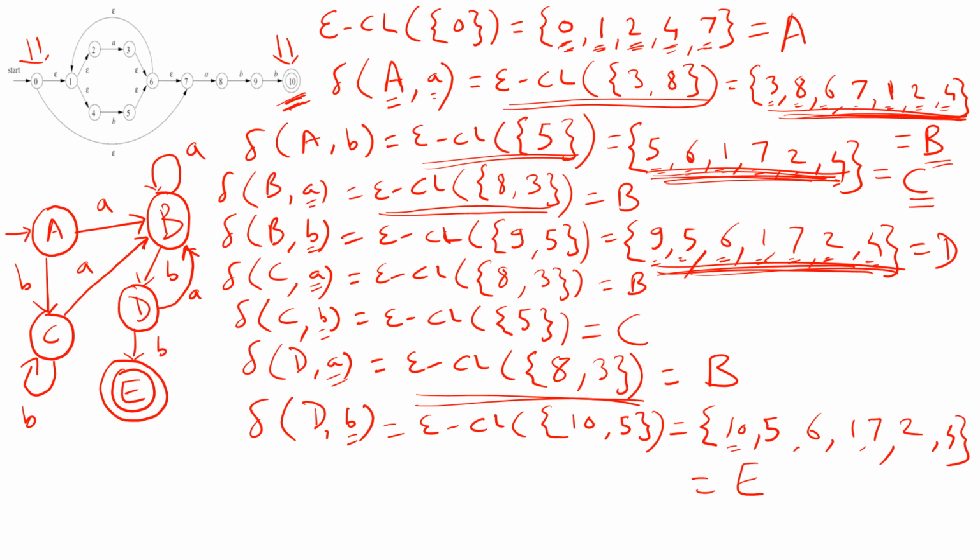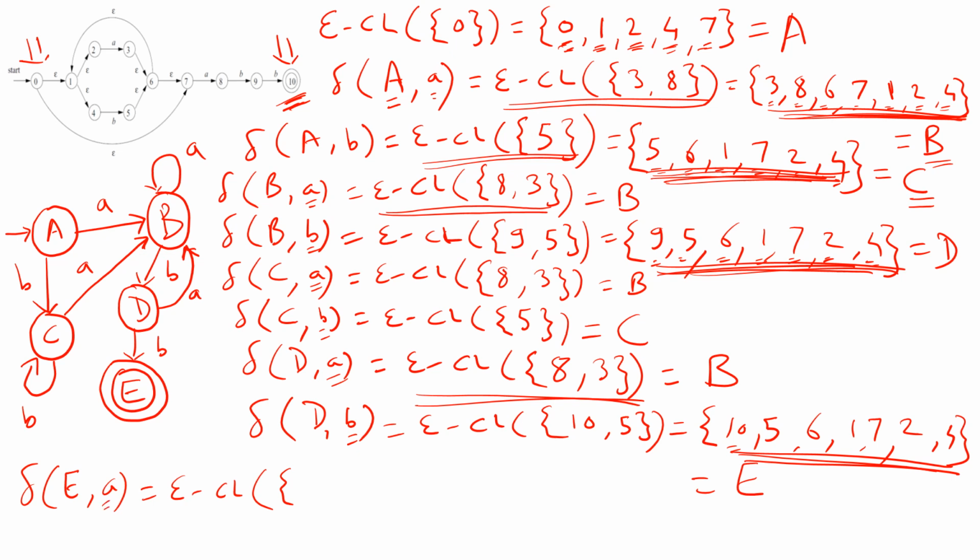Okay, now although we have got the final state, we have to still see what will be the A and B transitions for E, right? So delta EA we have to first calculate, which is epsilon closure of EA. So E contains this whole thing, right?